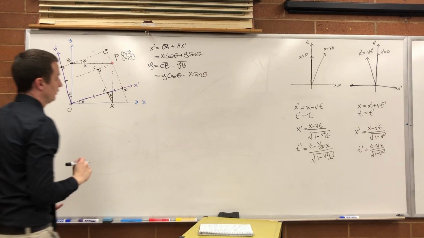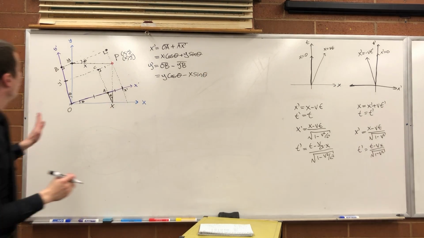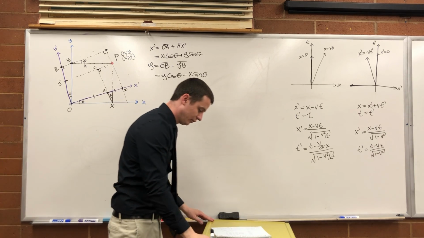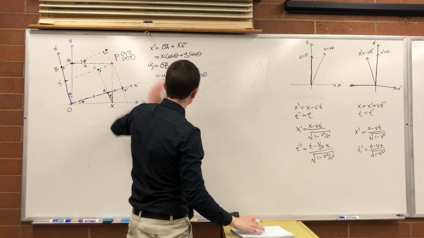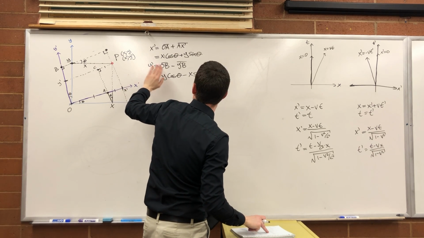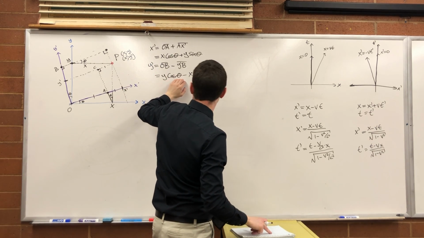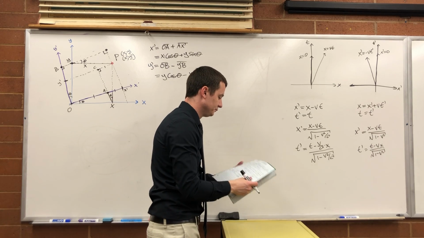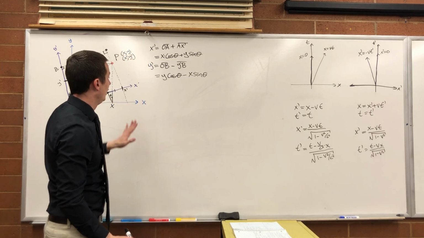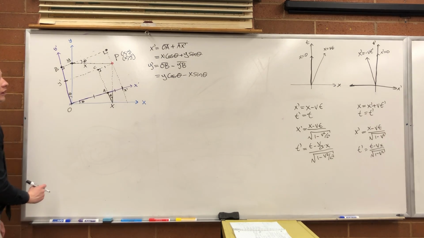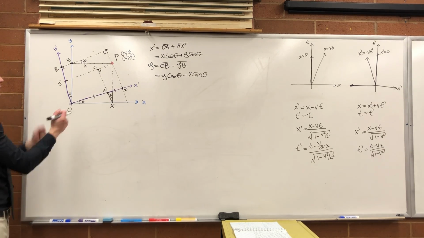Okay, perfect. So those are our transformation equations if we're talking about a rotation in Euclidean geometry. Let me double check that. Y prime equals y cosine theta minus x sine theta. Good. So in regular Euclidean geometry, there are our transformation equations if we're just talking about a rotation.